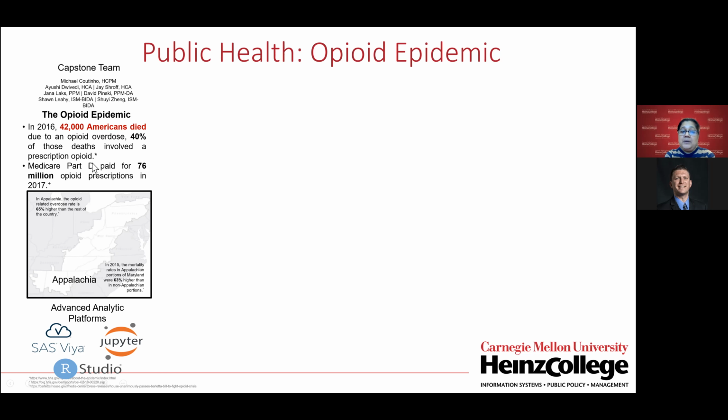If you look at the Medicare prescription database, 76 million prescriptions were written in 2017 alone. So there is wide distribution of opioids in the population, and it is resulting in these bad outcomes.